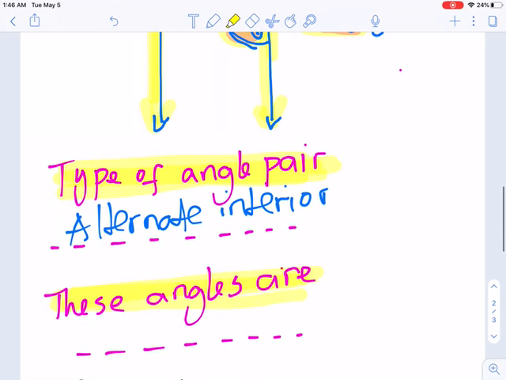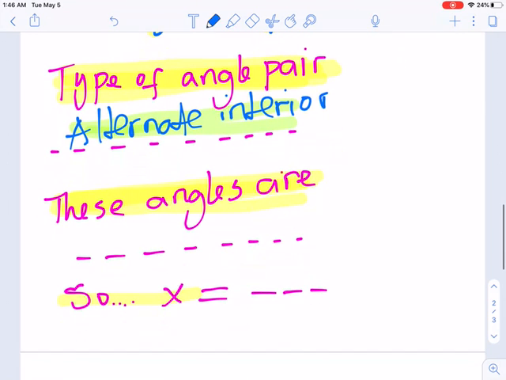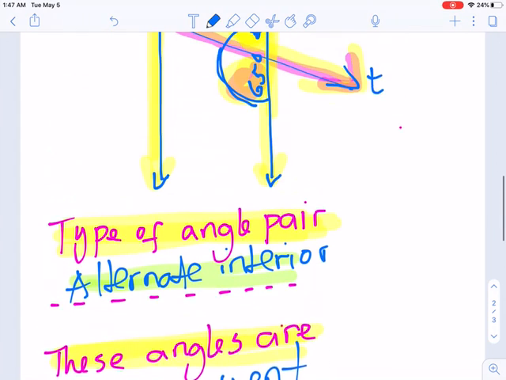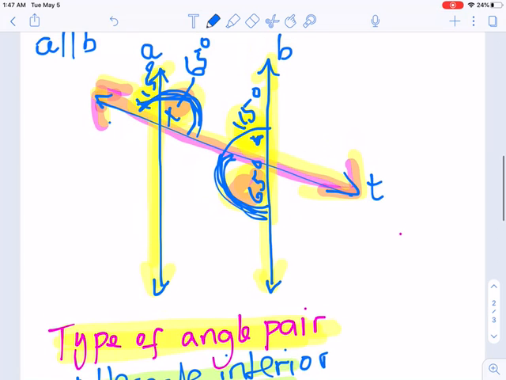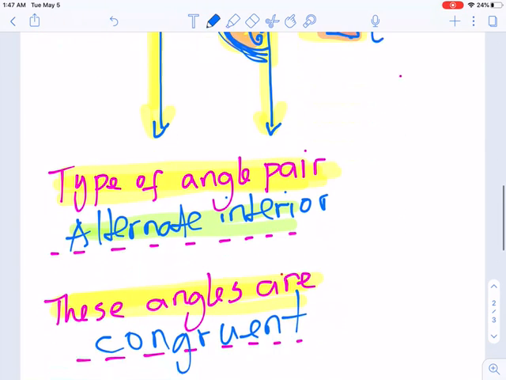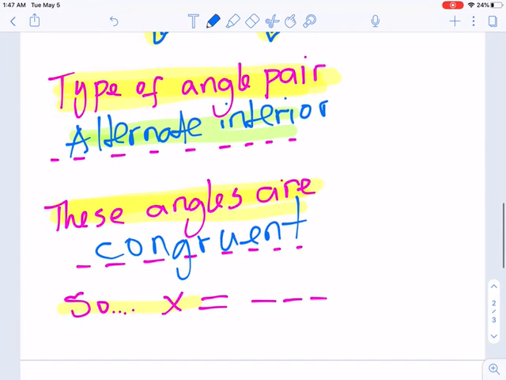And we just proved that they are congruent. They are exactly the same measure. And if they're congruent, since this angle is 65, X is also 65. So my X equals 65 degrees.